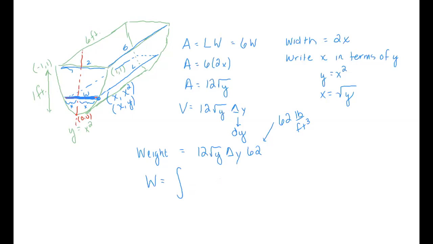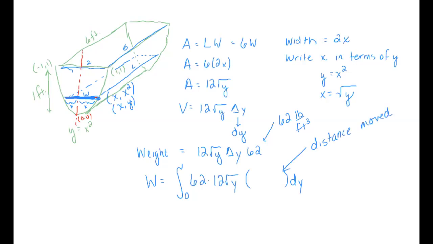We'll go 62 times 12 root y times dy. y ranges from the bottom at 0 up to the top at 1, 0 to 1. And the piece that we're missing is the distance that each piece is moved.